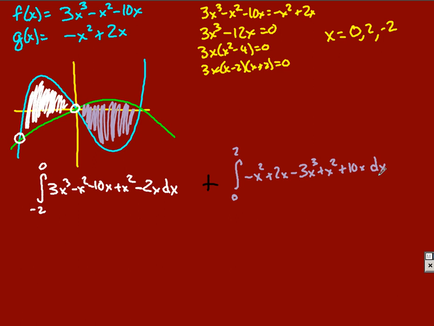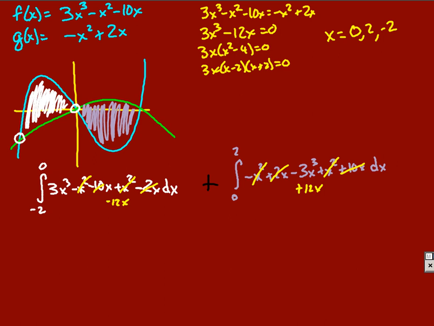Now what I can do is take the integrals immediately, or I can try to simplify a little bit first. That's what I'm going to do personally. When I do that, I can say that the x squareds are going to cancel out in both of these equations. And I'm going to end up with a negative 12x down here and a positive 12x on this one when I do my integral.